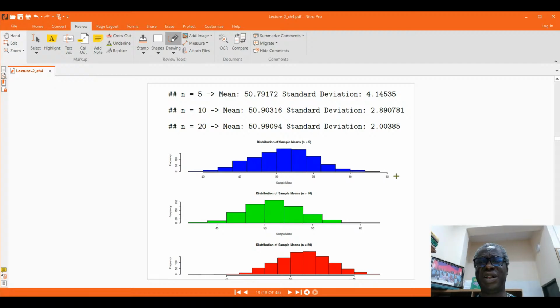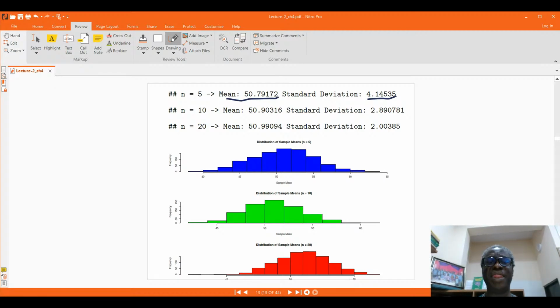That's the graph. And what we notice when the sample size is 5 is that the mean of the sample means is 50.79, which is slightly above the population mean, but certainly not too far. The standard deviation is 4.14535.